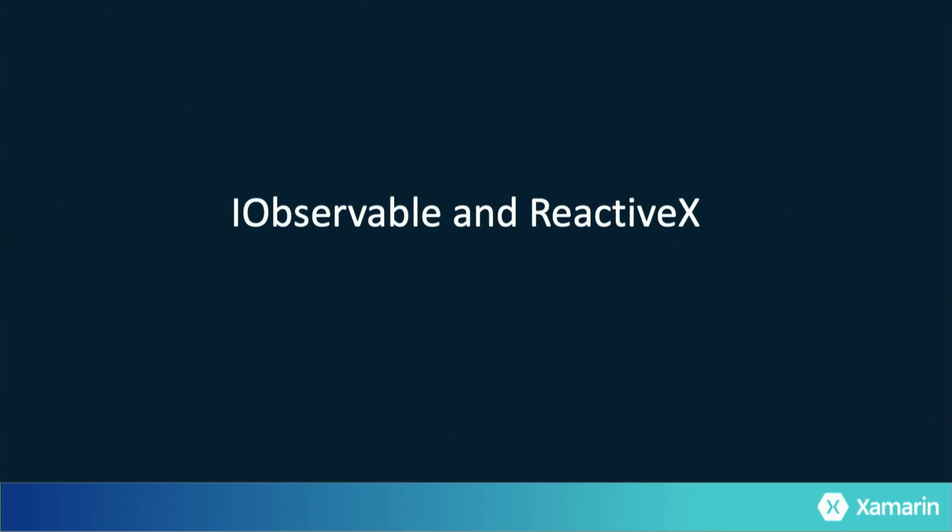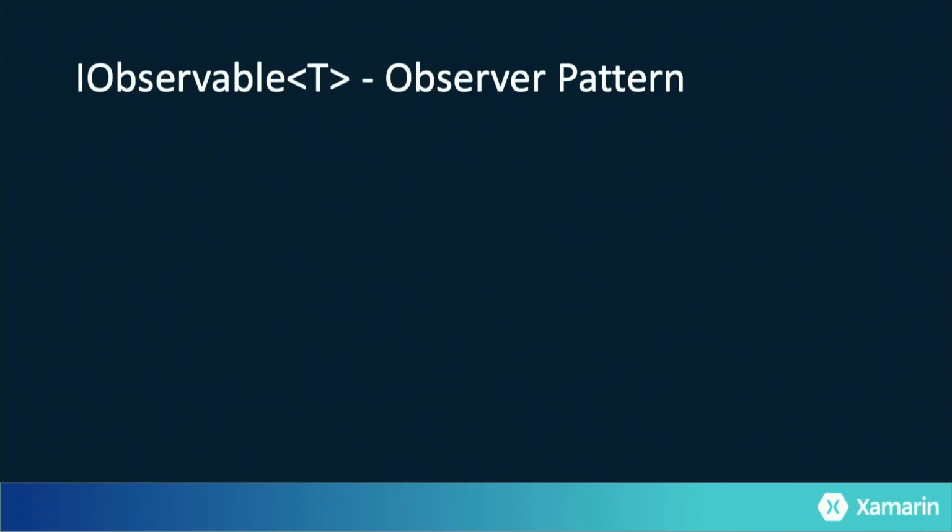So let's break down what an observer is here, right? It's essentially an observer pattern. Fundamentally, it's the same thing as an event. An event is effectively an observer pattern.